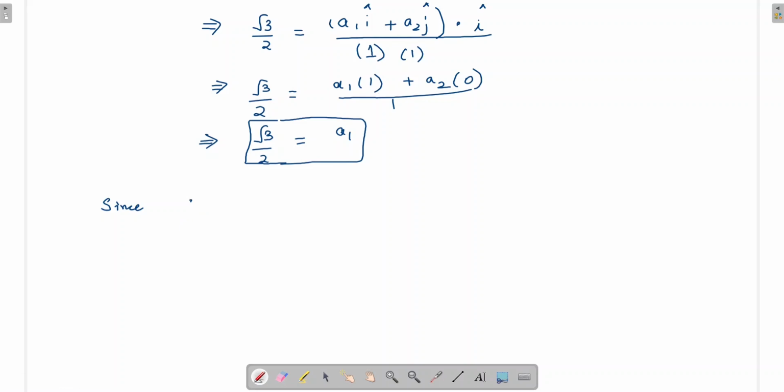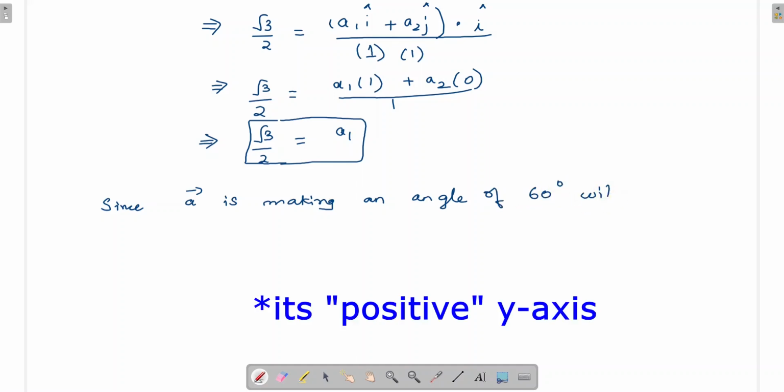Since a bar is making an angle of 60 degrees with the y axis, we have to take the unit vector j cap.